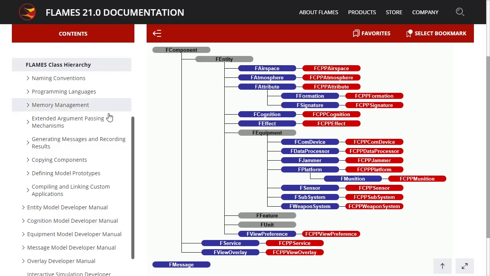So this is the overview of the Flames class hierarchy. This particular class hierarchy is actually one of the most valuable things about Flames. It's really hard to build a system. If you read computer science books and you read the masters, the gurus in object-oriented programming, they'll tell you that one of the hardest things to do in designing a good object-oriented system is to get the class hierarchy correct.